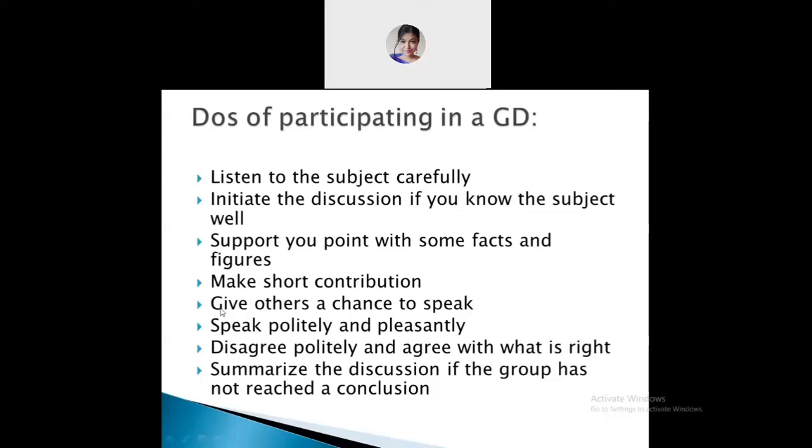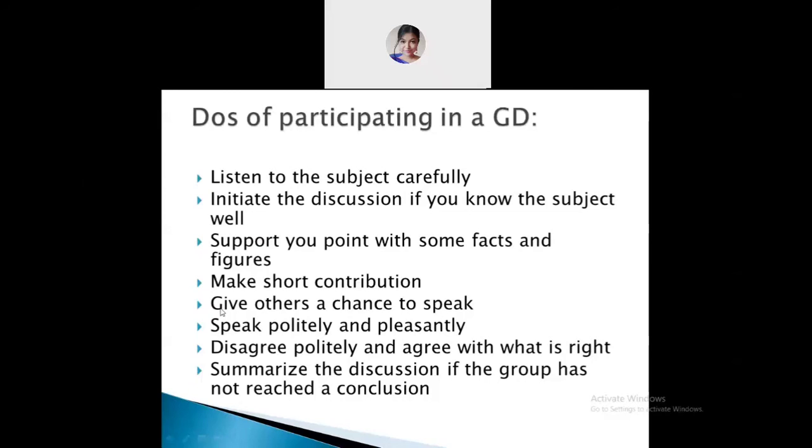So if your share is 5 minutes, then just divide your time. You can divide it into 5 different contributions of 1 minute each, or it can be 2 minutes, sometimes 1 minute, sometimes 40 seconds, 50 seconds.